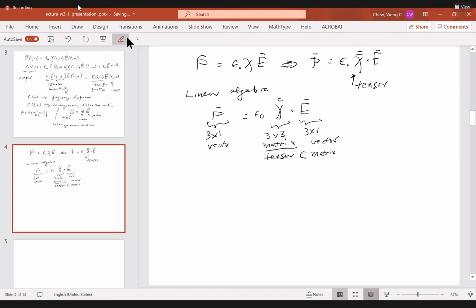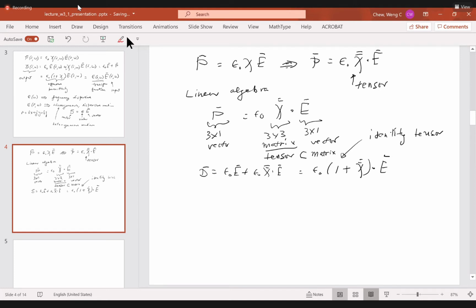We can take the example of this idea, and this idea means that I can now write D as being equal to epsilon naught E plus epsilon naught chi dot E, and then I can write this as (1 plus chi) dot E, where I just factor out the E. This by right should be an identity tensor or matrix.